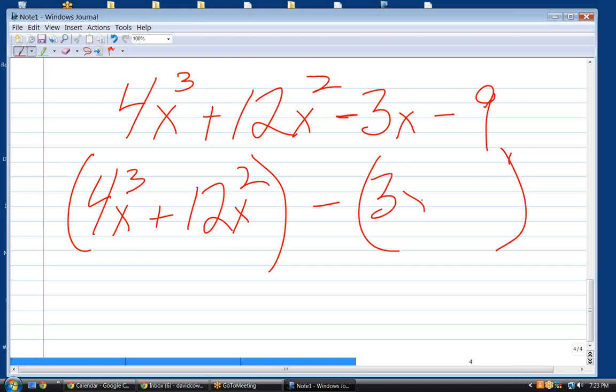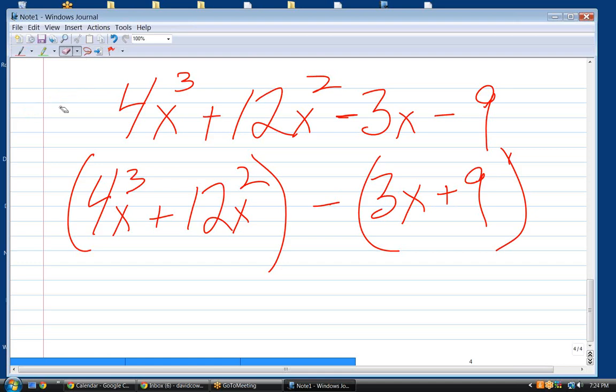No. Notice that if I do that, I now have something different, because you have a minus on the outside. In other words, if I take away my parentheses, I don't have this anymore. I get a plus 9. So in order for me not to change the value of the polynomial, I've got to make that plus 9 right there.